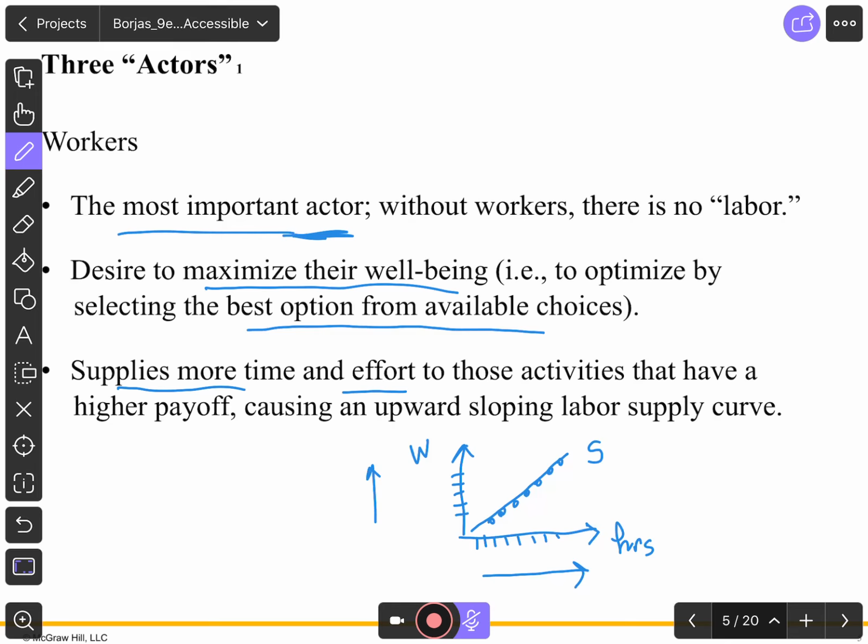Let's put an S, so hours worked. So the higher the wages, the more willing the worker is to supply a higher number of hours. And of course, we are not talking about up to 24 hours. No, we have a certain limit because we need some biological rest, like sleeping. We need to have fun, like leisure time, and so on.